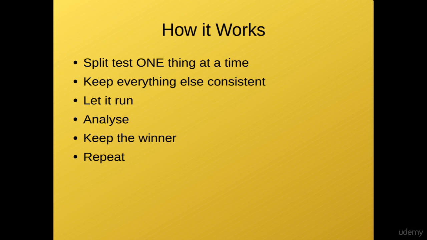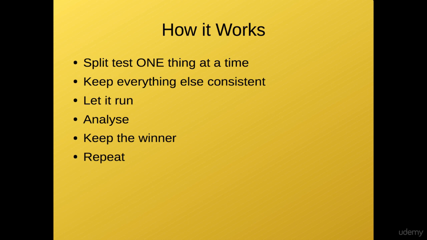You're targeting 18 to 24-year-old male and females in the US. They're completely different audiences, and therefore you aren't actually split testing that image. So you have to make sure that everything else to do with the ad and the ad set is consistent, other than the one thing that you want to test. And then you let it run, and then you analyze the data and keep the winner, and then repeat and split test something else using that winner.